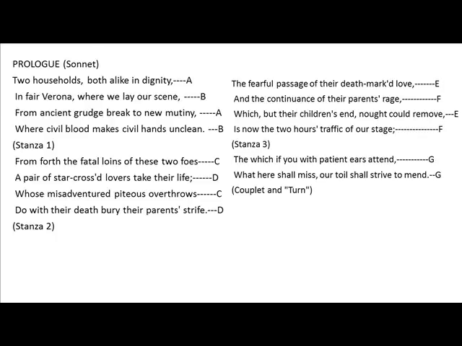The fearful passage of their death-marked love, and the continuance of their parents' rage, which but their children's end not could remove, is now the two hours' traffic of our stage. The which, if you with patient ears attend, what here shall miss, our toil shall strive to mend.